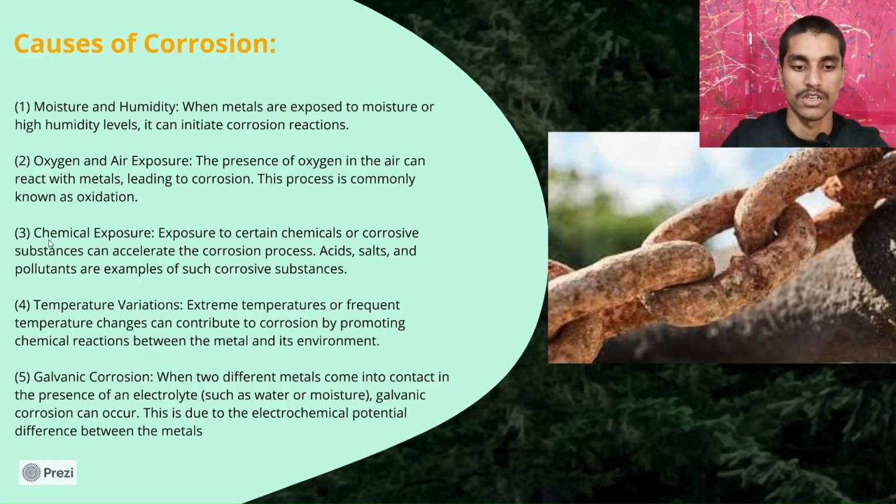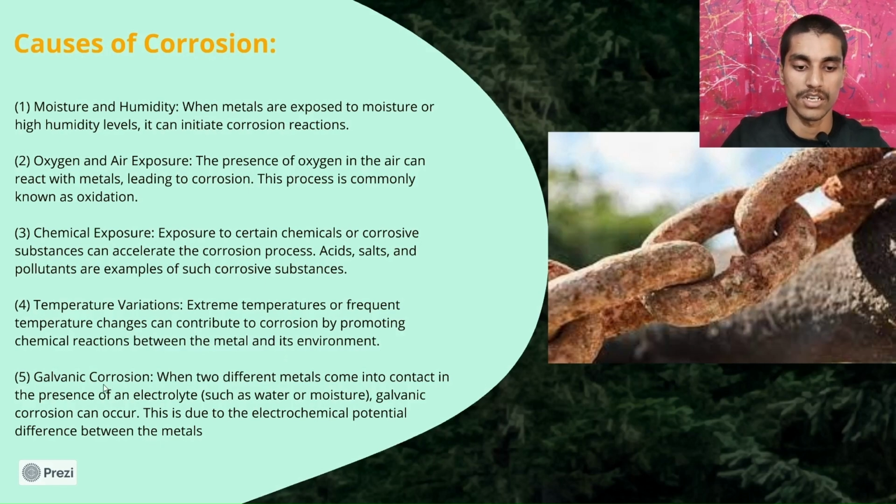The third one is chemical exposure. Exposure to certain chemicals or corrosive substances can accelerate the corrosion process. Acids, salts, and pollutants are examples of such corrosive substances. The fourth one is temperature variation. Extreme temperatures or frequent temperature changes can contribute to corrosion by promoting chemical reactions between the metal and its environment.